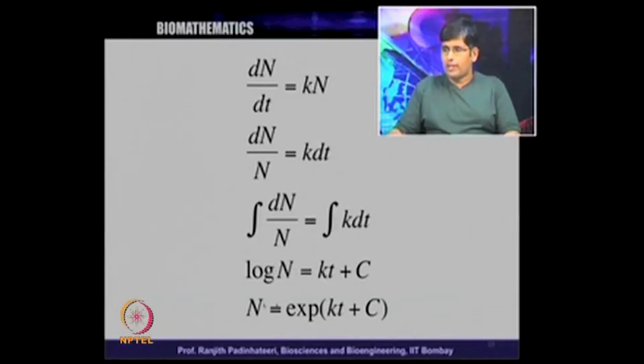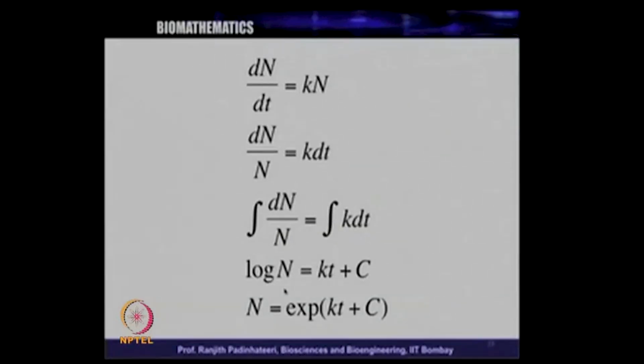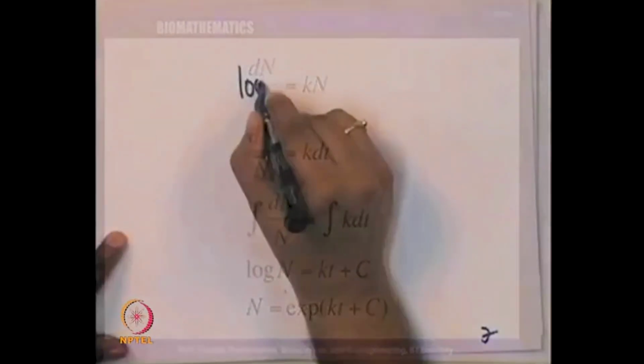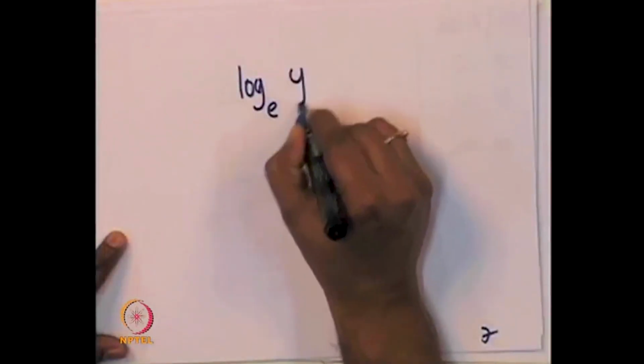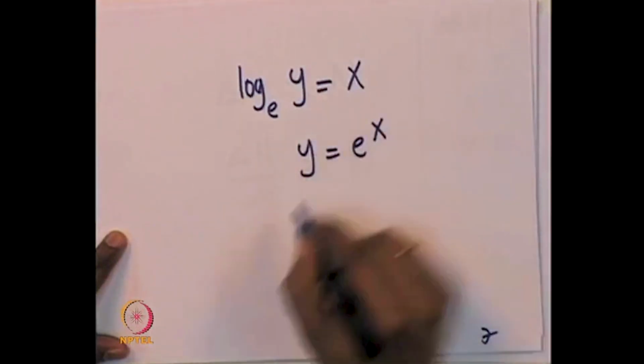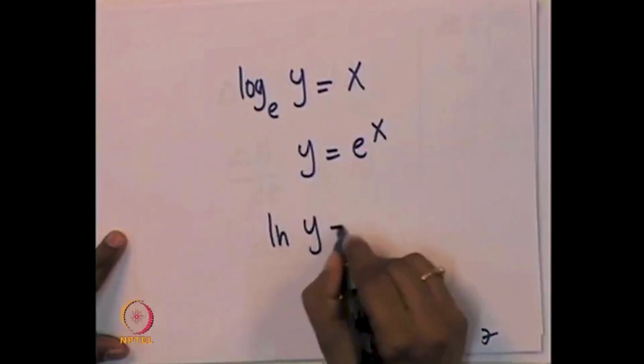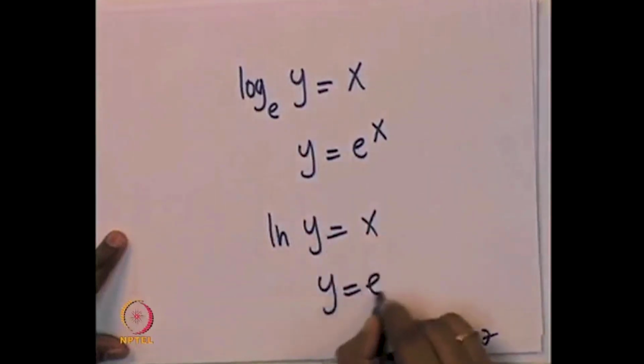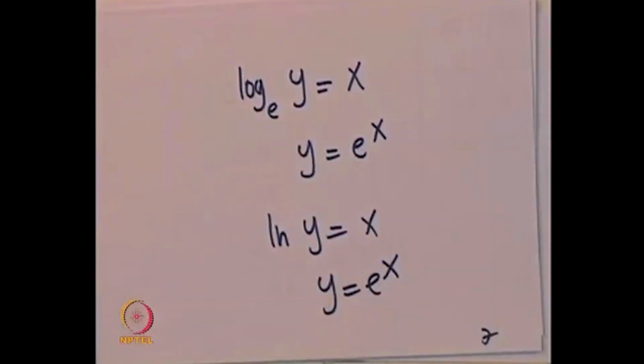Now, this log is a natural log, the log to the base e, or ln. We studied that log to the base e of y is x means y is e power x. In other words, ln y is x, y is e power x.